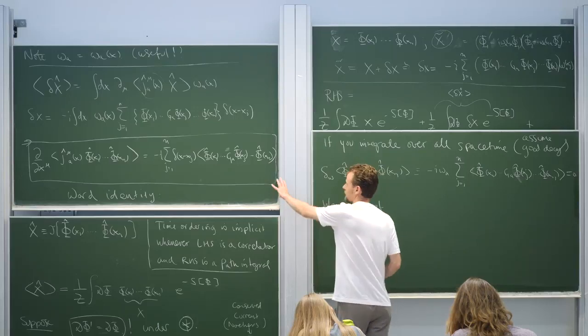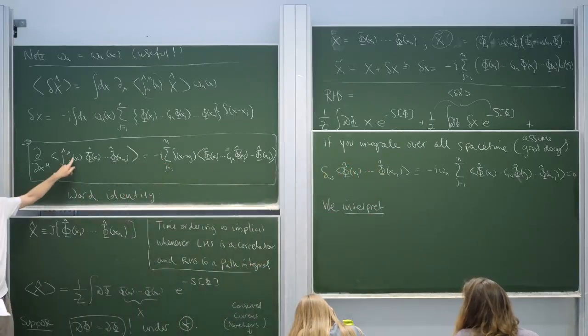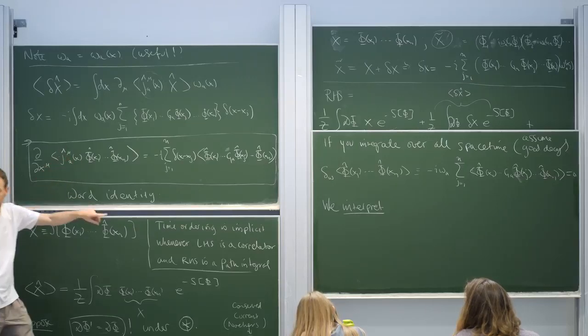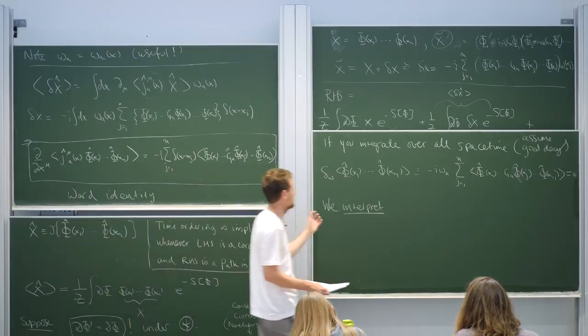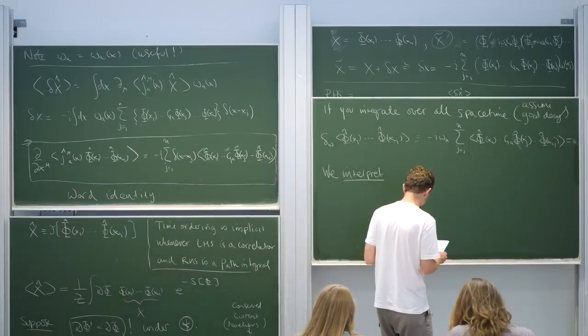And now what this does is it carries so much more information. It allows us to interpret certain things here as generators of the symmetry, as the quantum generator, as an operator which carries out or induces the symmetry.